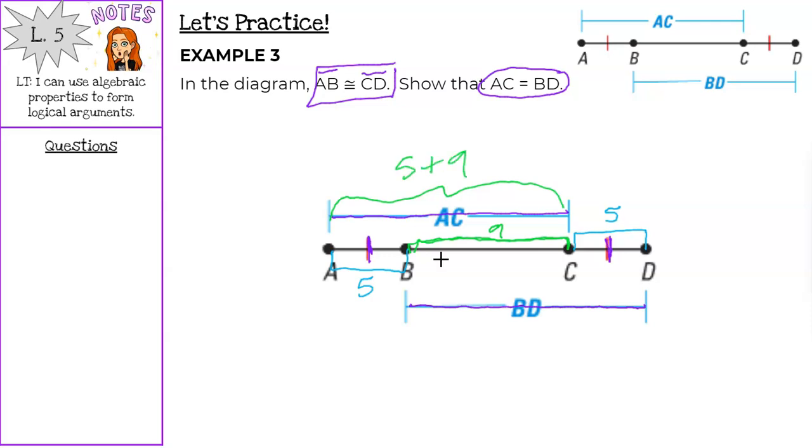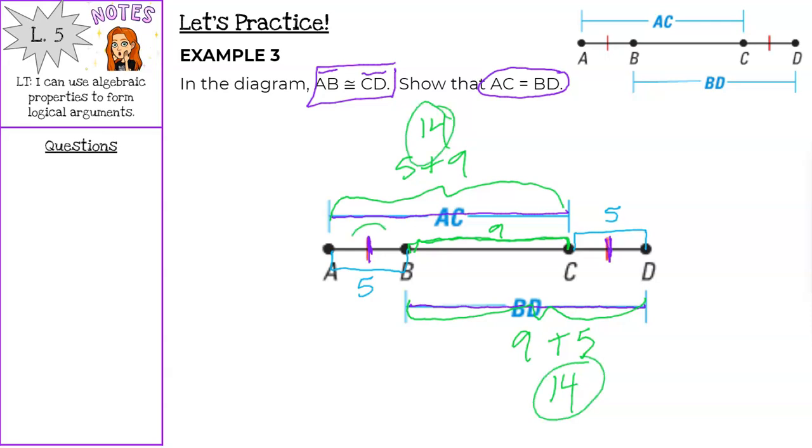And BD, this chunk right here, would be 9 plus 5. Well, what is 5 plus 9? 14. 9 plus 5, 14. So AC would equal BD, because they're going to have that same value no matter what, because this chunk is congruent to this chunk.